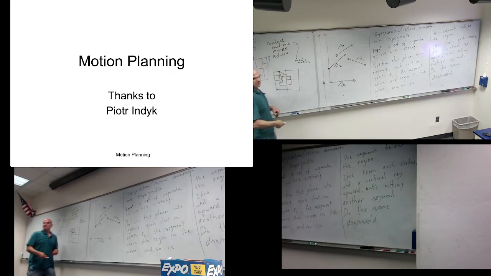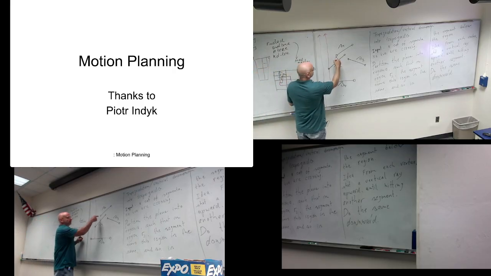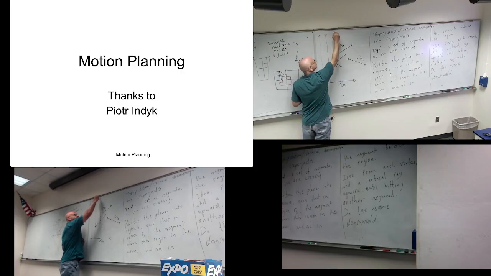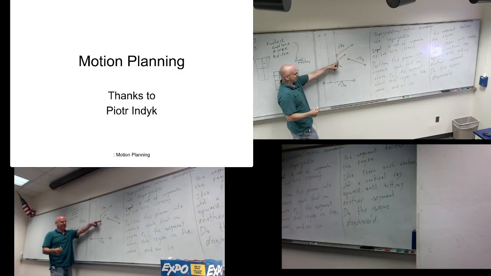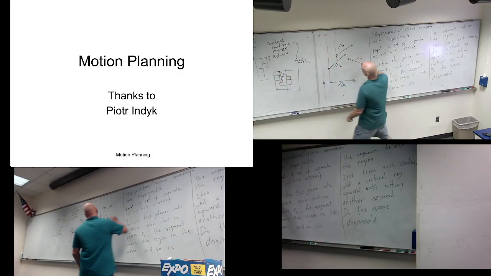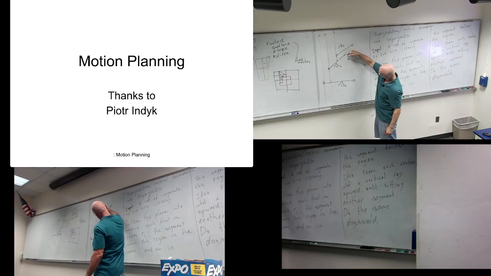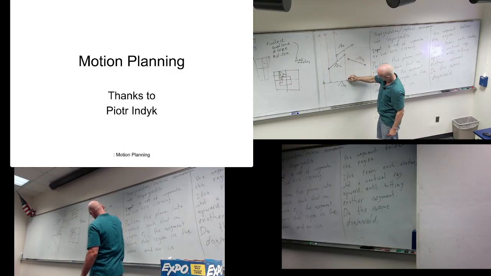And I shoot a ray up that continues all the way to infinity. Do it again with the vertex of S1. Shoot a ray down. My ray stops at S2, it cannot penetrate another segment. This vertex, the endpoint of S2, a ray up and a ray down.